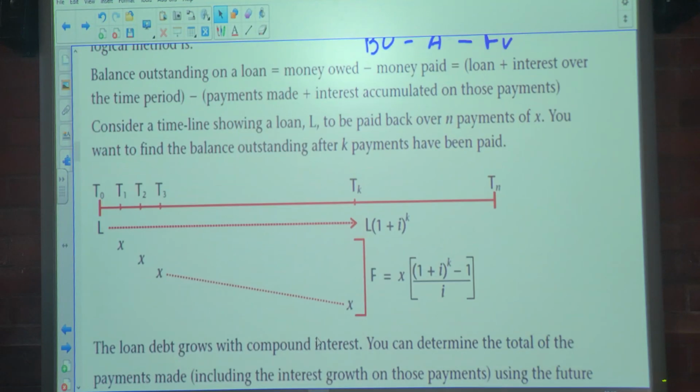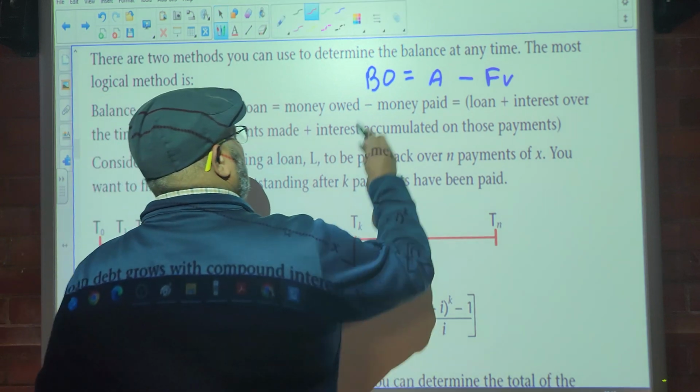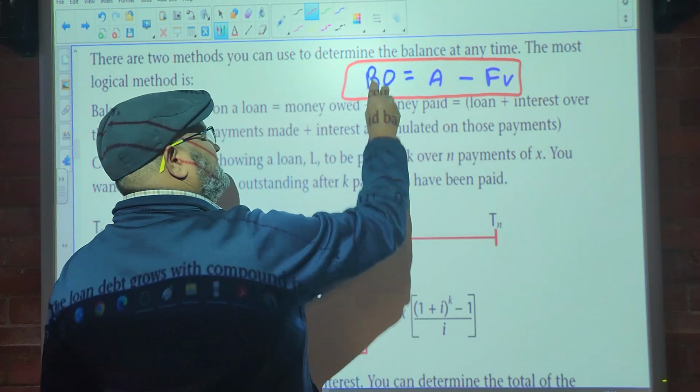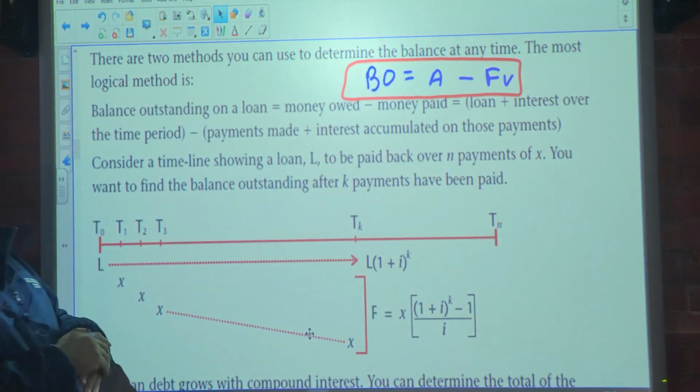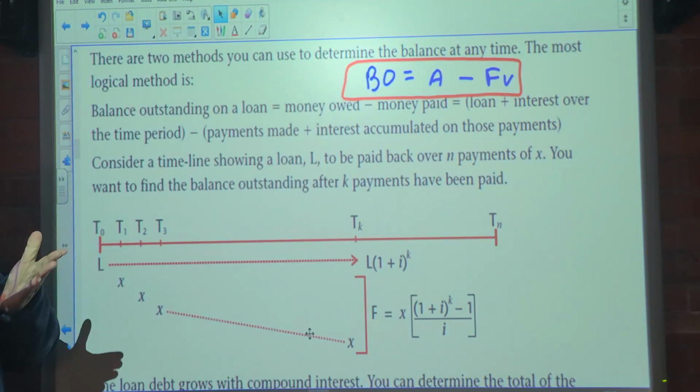We said that to calculate the balance outstanding, there are two ways of doing it. If you're using the present value formula, you must find the remaining time period.